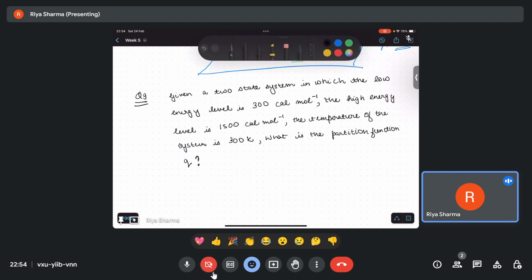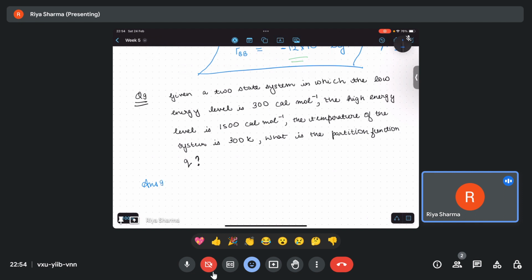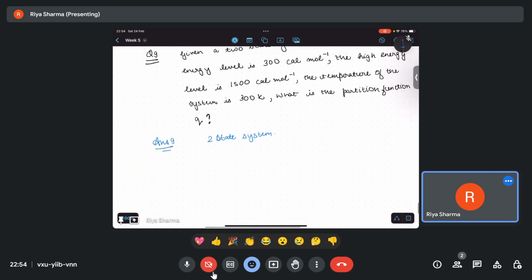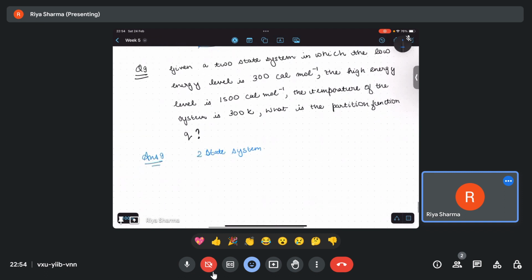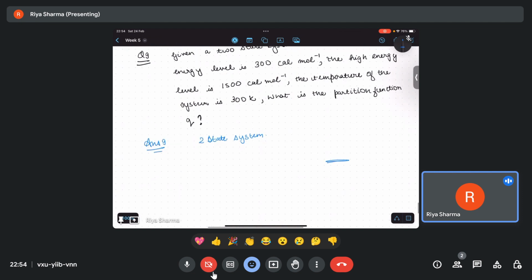So what you have been given is a two-state system already, so it will be an easy thing, where the low energy level is 300 and the high energy level is 1500 for temperature equal to 300 Kelvin.